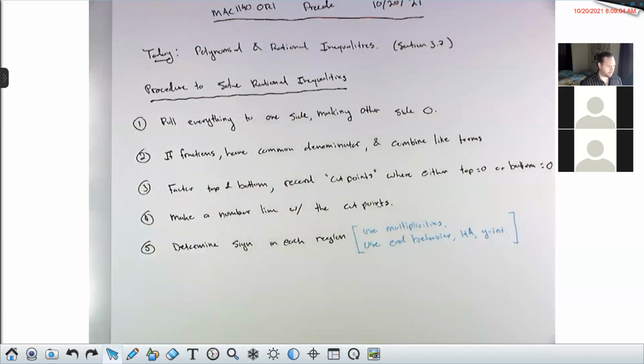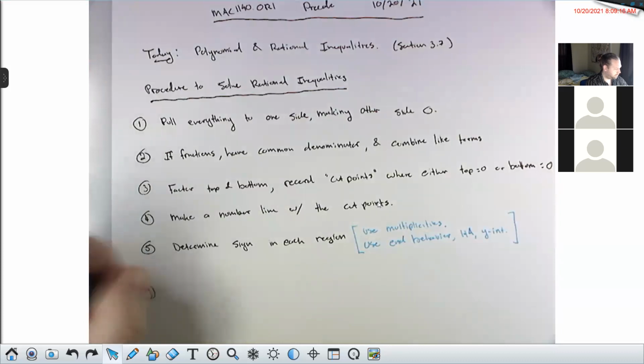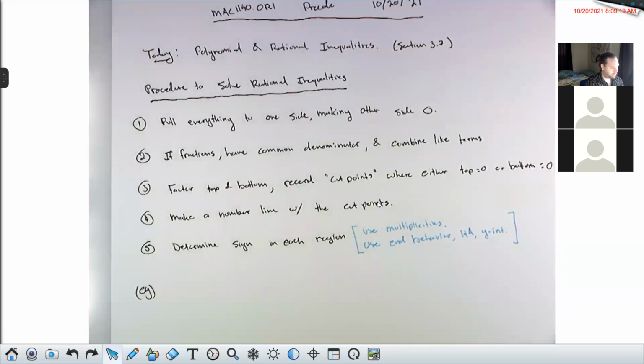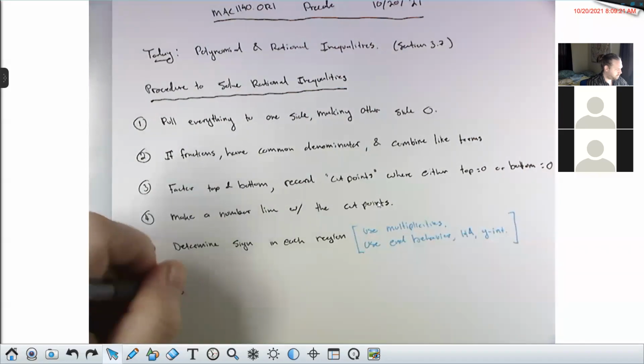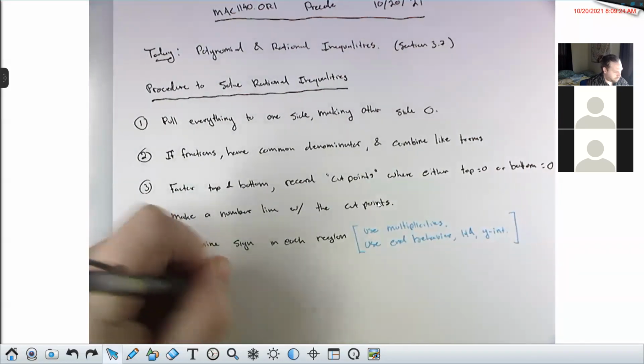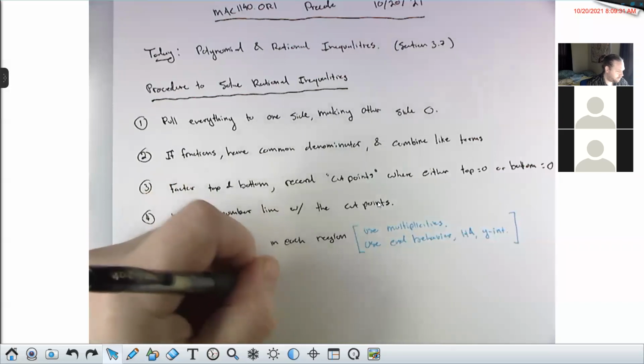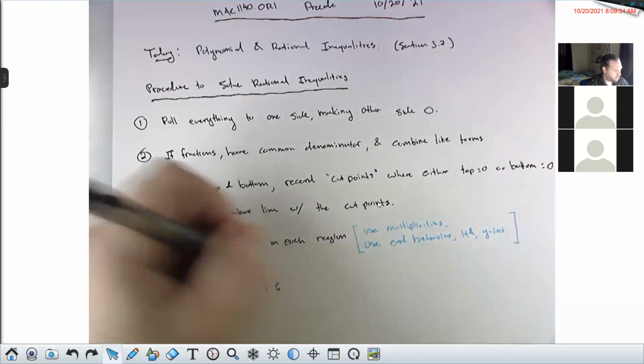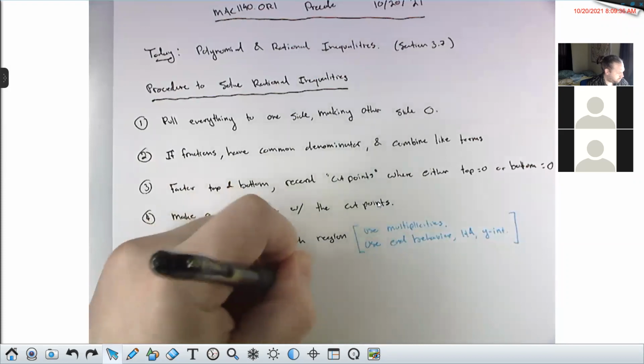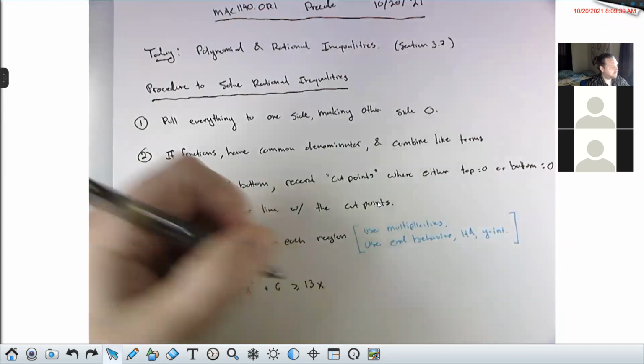Let's start with an example of a polynomial inequality, and then we'll build up to some more complicated rational inequalities. Let's solve the inequality 2x cubed plus x squared plus 6 is greater than or equal to 13x.